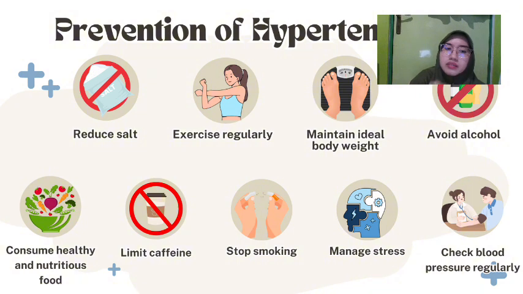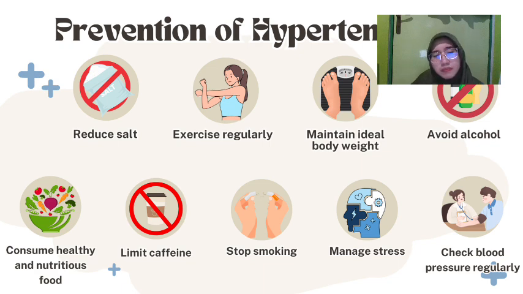Number three is maintain ideal body weight. People who are overweight or obese are at greater risk of developing hypertension, up to 2 to 6 times more than people who are not obese. Therefore, maintaining an ideal body weight is one of the important efforts to prevent hypertension.